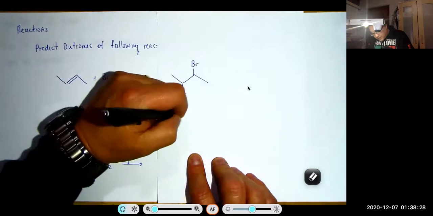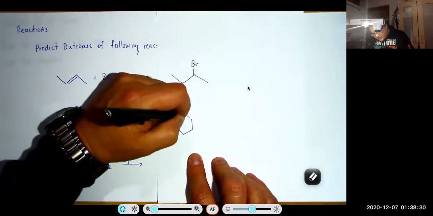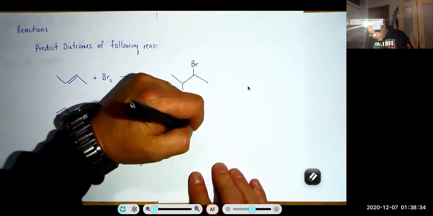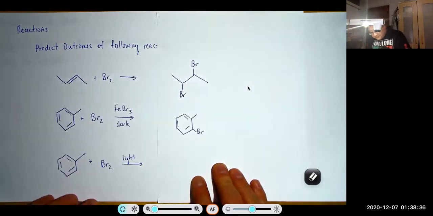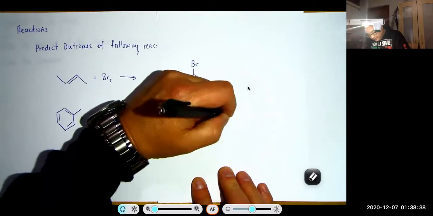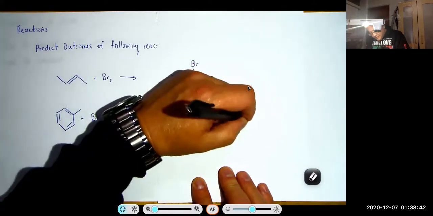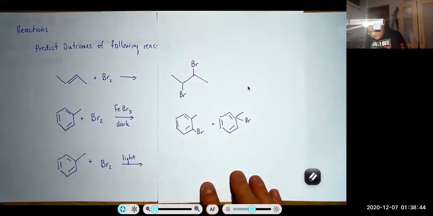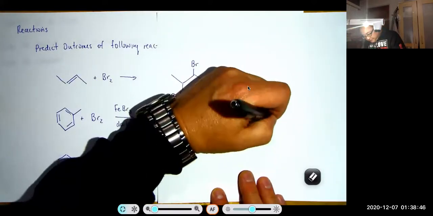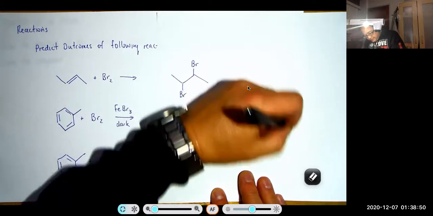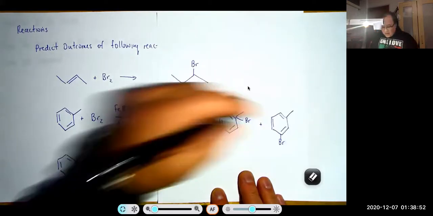So what's going to happen with this? Well, it turns out I could get a number of different products. I could put a bromine here, I could put a bromine there, and I could put a bromine there.